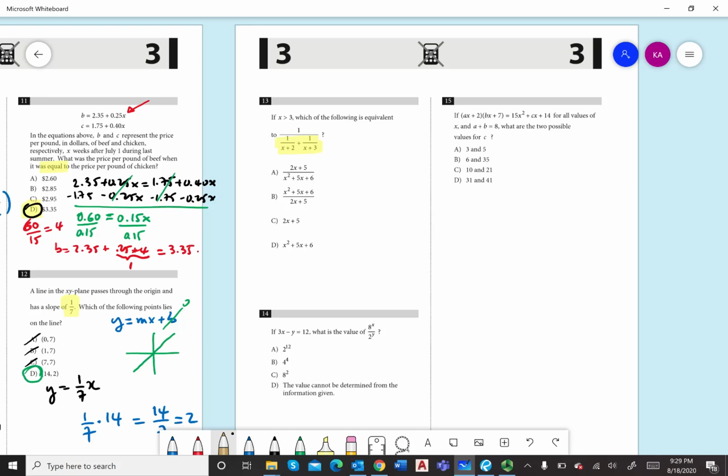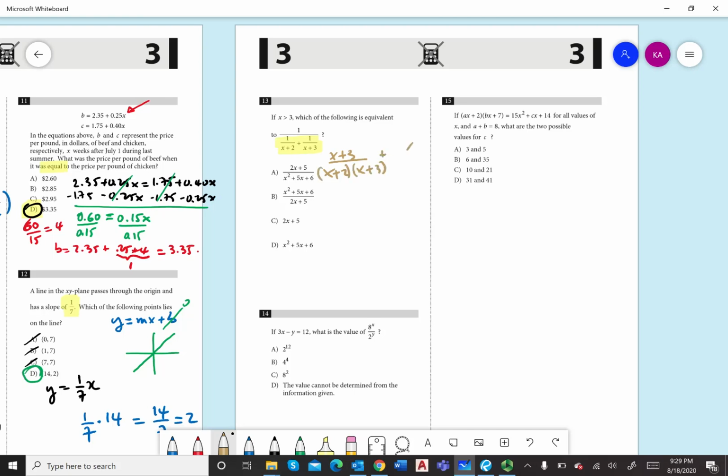So I need to multiply. The common denominator will be (x+2) times (x+3). I need to multiply the first one by x plus 3, top and bottom, to get the same denominator. So x plus 3 over (x+2)(x+3), like that.